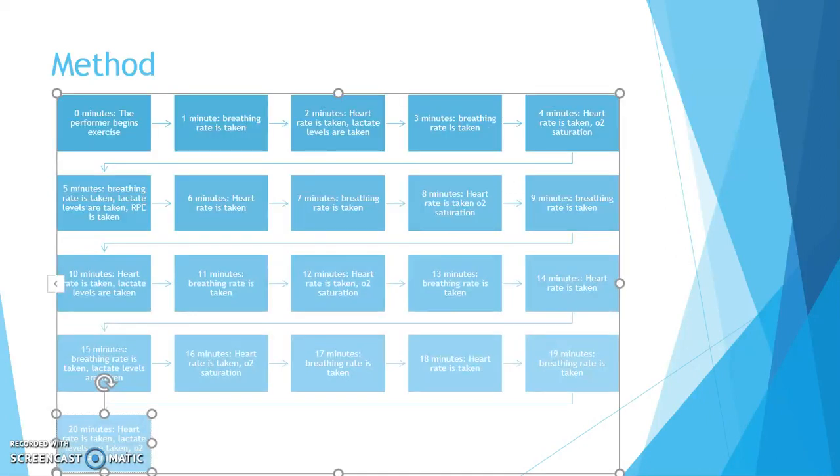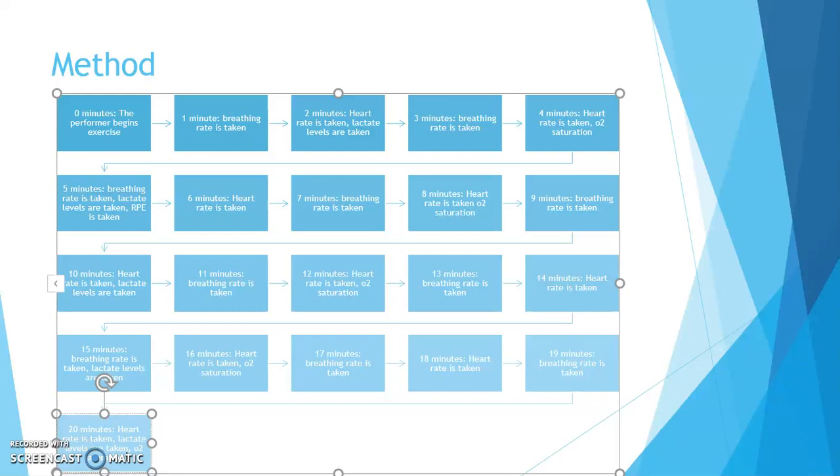With our method, we took the breathing rate every 2 minutes, but on every odd number. For example, we took it at 1 minute, 3 minutes, 5 minutes, etc. With heart rate, we took it every 2 minutes. So 2, 4, 6, 8, etc. With O2 saturation, we took it every 4 minutes.